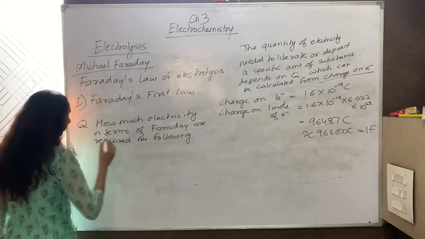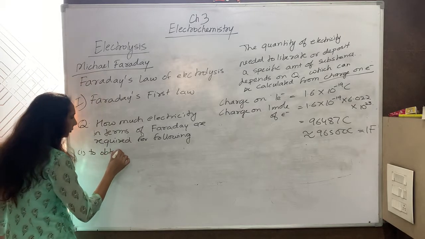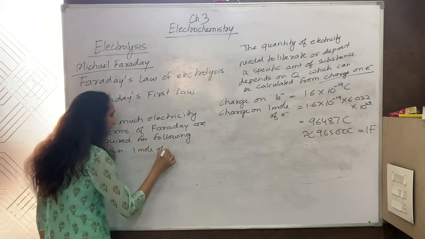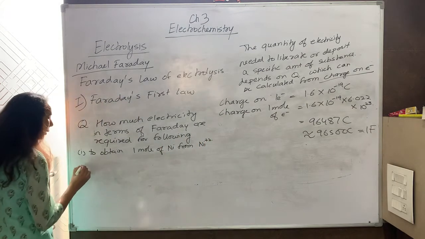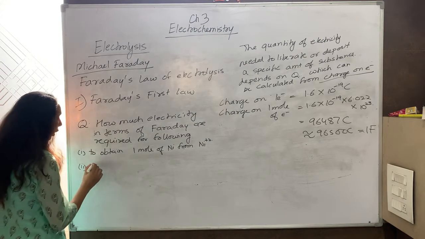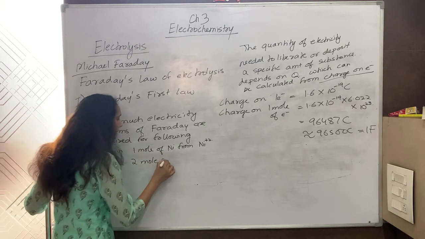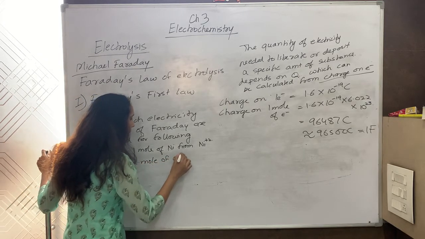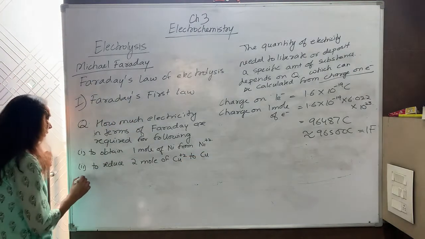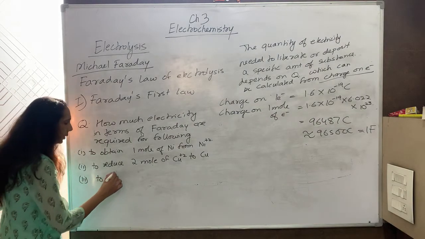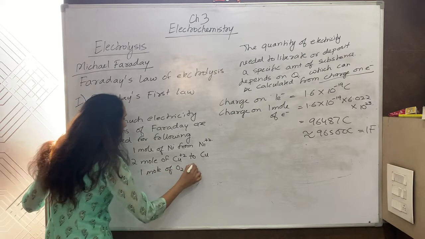Let us take the examples. First, to obtain 1 mole of nickel from Ni+2. Second part, to reduce 2 mole of Cu+2 to copper. Third, to obtain 1 mole of O2 from water.